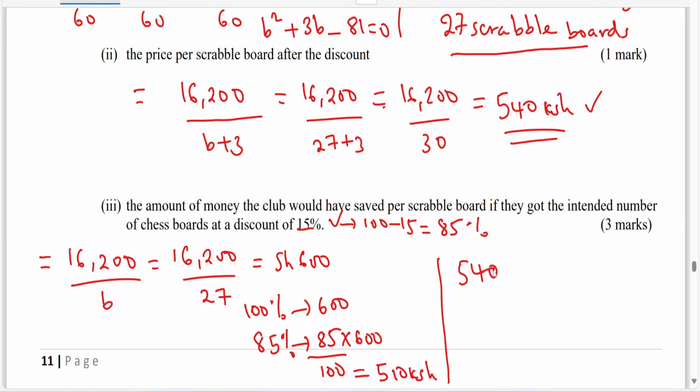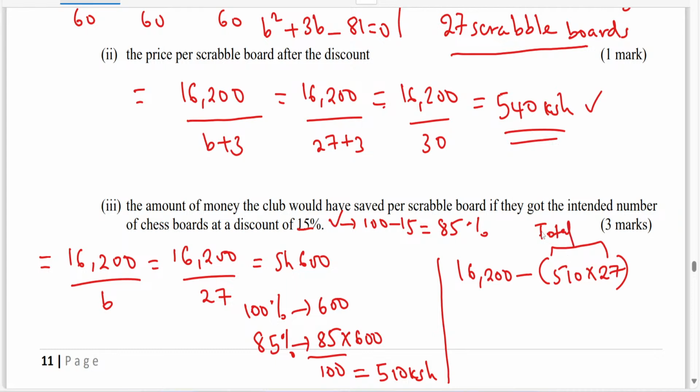So pesa yote ambayo ametumia yeye mwenyewe ni 16,200. Minus lao angenunua kila moja na 510, so you multiply by 27 so that you can get the total amount of it.